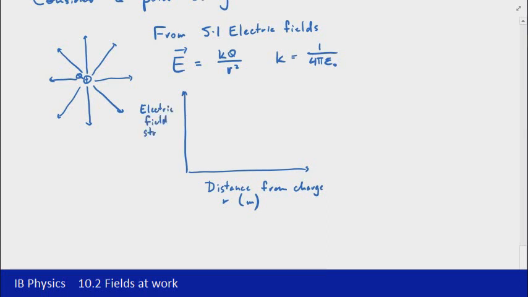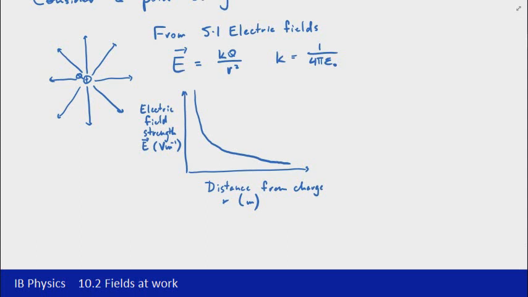The shape of that graph is going to be an inverse square, and we'll still use units here of volts per meter. So the shape of the graph will look something like this, where it gets closer to both the vertical axis and the horizontal axis.